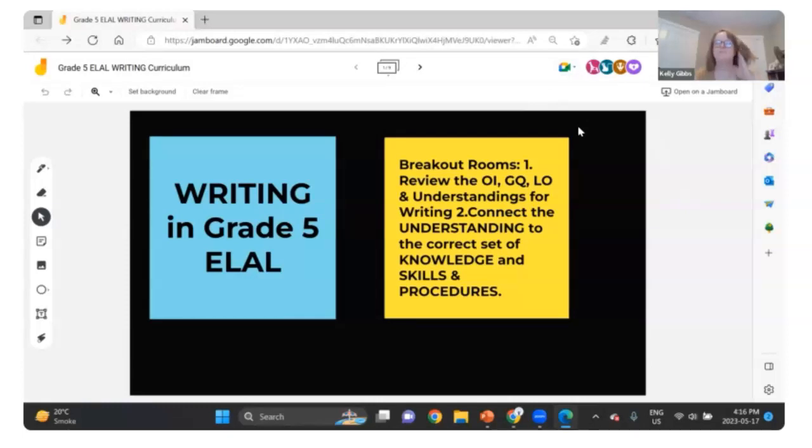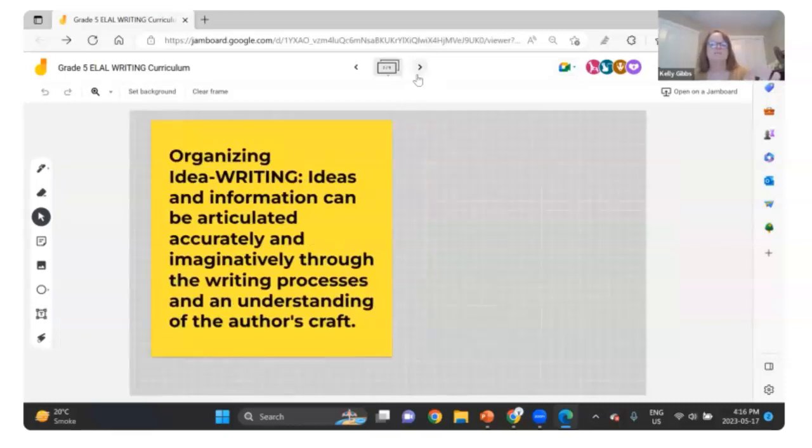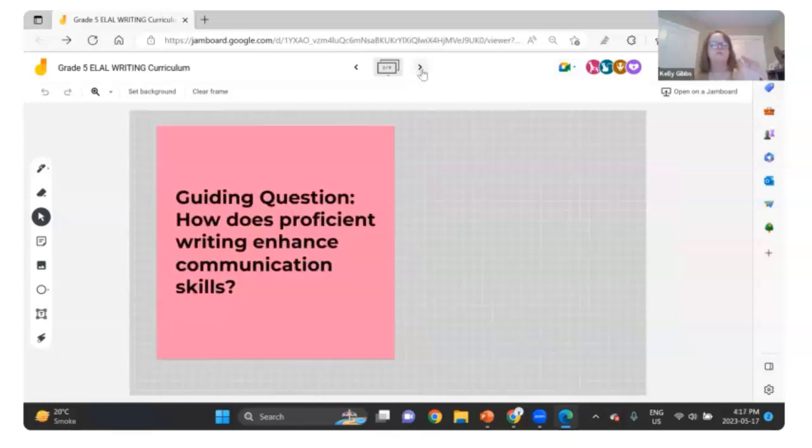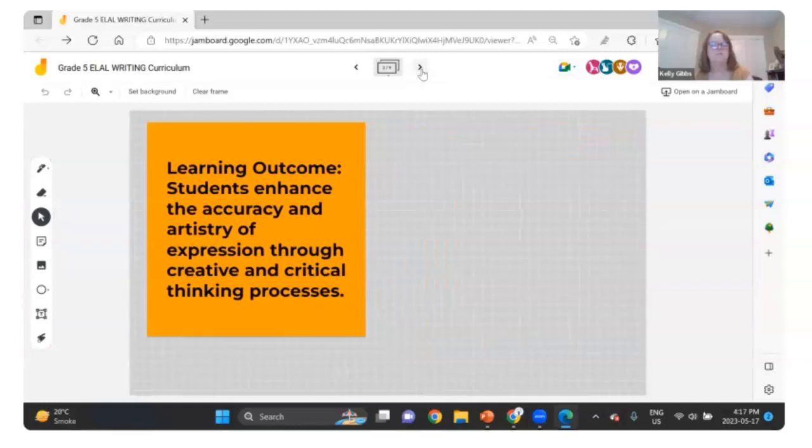All right, so we're going to do something a little bit different than we did before. What I've done is similar. We're not doing breakout rooms. You're going to review the organizing idea, guiding question, learning outcome. There's your organizing idea, because what I want you to focus on is the vocabulary used. There's your guiding question. There's your learning outcome.